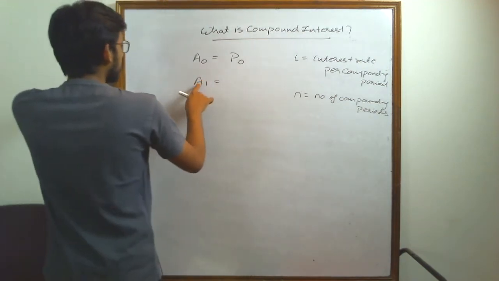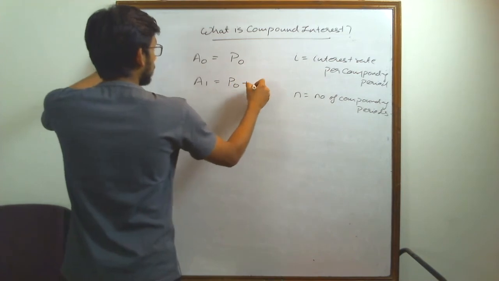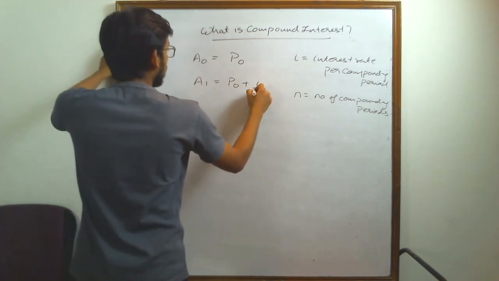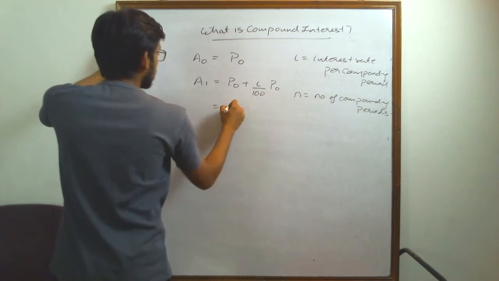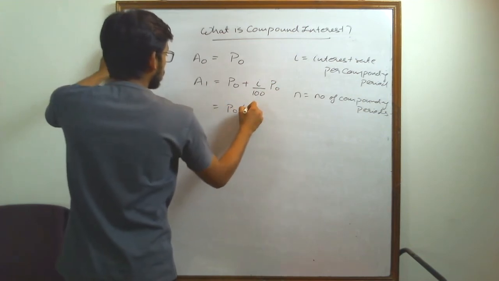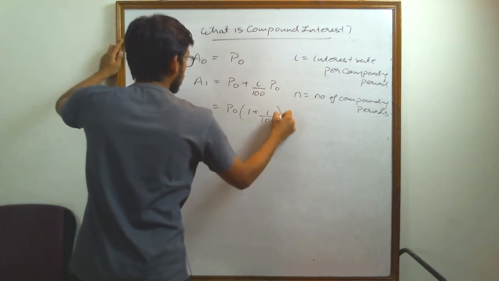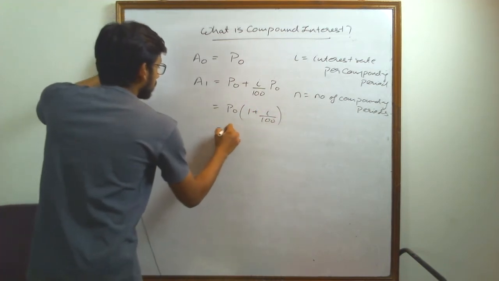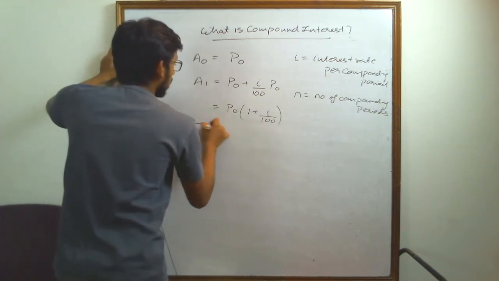So the amount after first compounding period will be equal to P naught plus I upon 100 of P naught. That means I will have P naught into 1 plus I upon 100, and this will be my amount after first year.